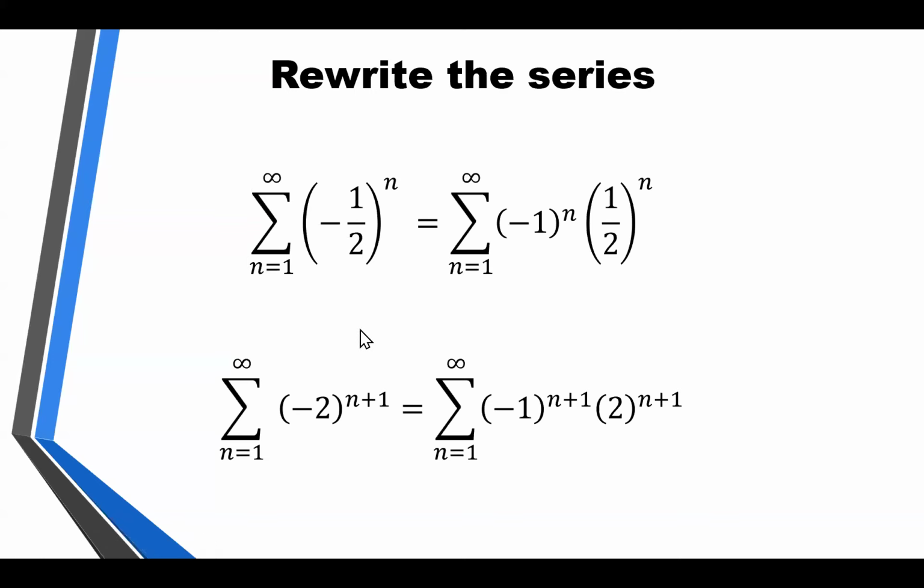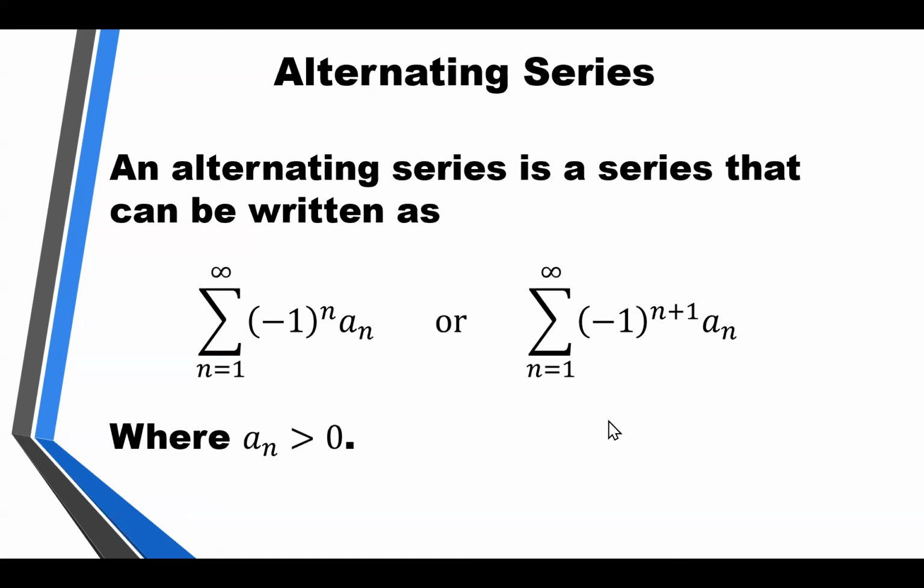So this is what we just did. We rewrote each series as negative 1 to the n times a positive part, or negative 1 to the n plus 1 times a positive part. And that's really the definition of alternating.